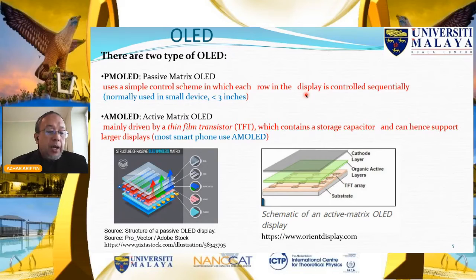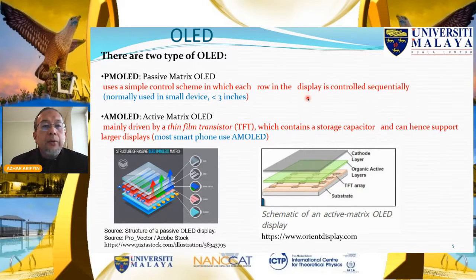For example, nowadays people wear smart watches or digital health devices on their hands. Most of this kind of gadget uses passive matrix OLED technology for the screen.